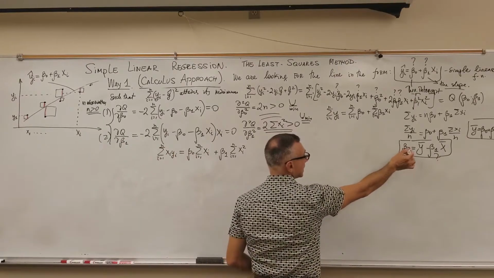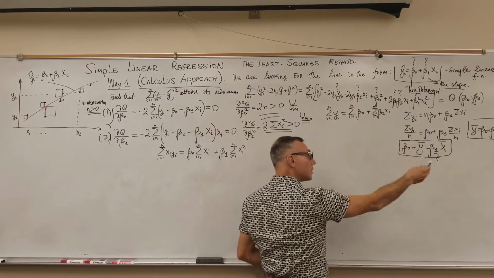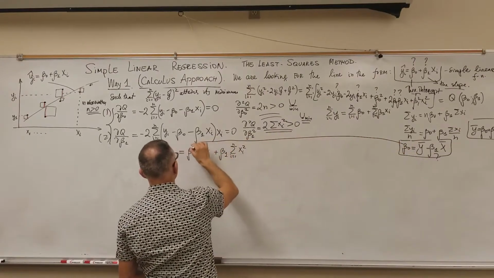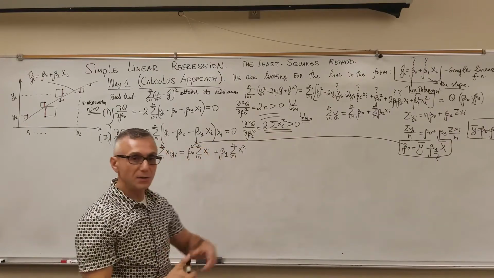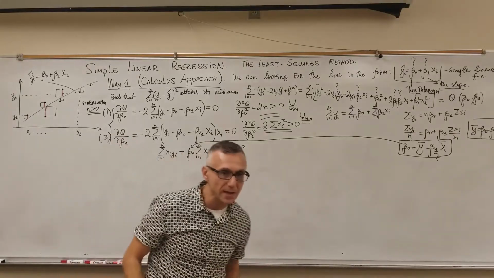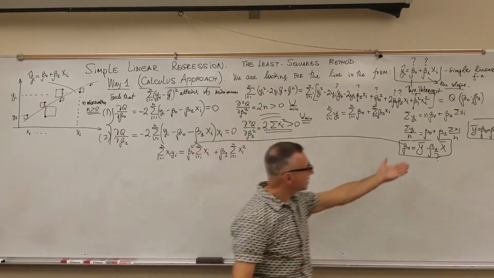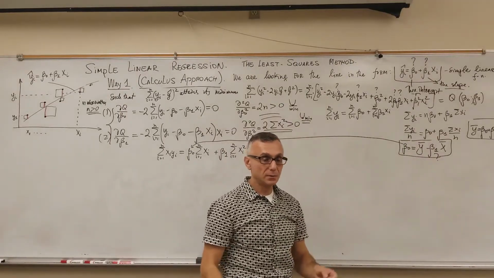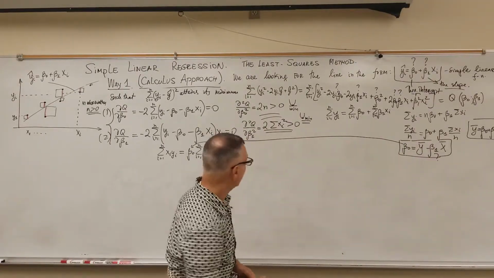This is from my second equation. And that's for my first equation, by using substitution. If I substitute the value of beta 0 into my second equation, I will eliminate beta 0. Everything will be in beta 1, and hopefully I'll be able to carefully find my slope.